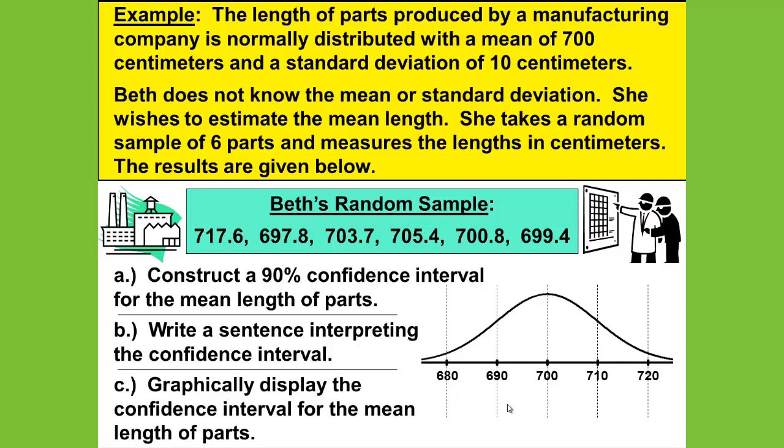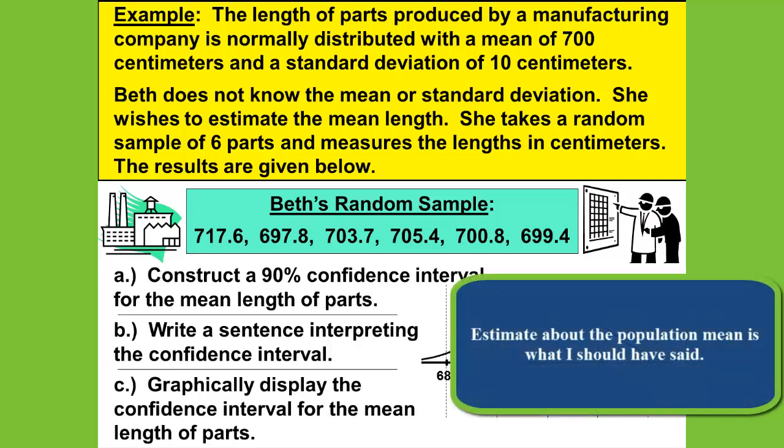And we want to construct a 90% confidence interval for the mean length of parts, write a sentence interpreting the confidence interval, and graphically display the confidence interval for the mean length of parts. In this case, we want to imagine that we're going to take this sample and try to estimate what we know about the population.